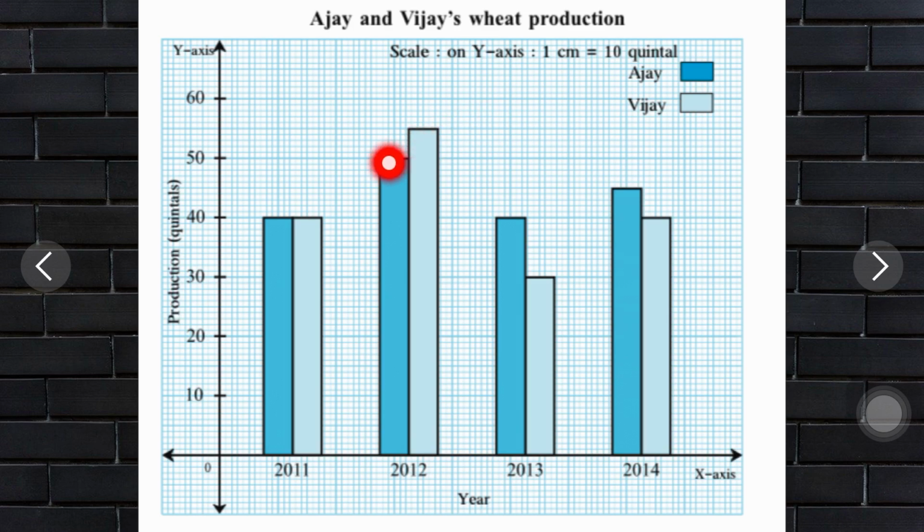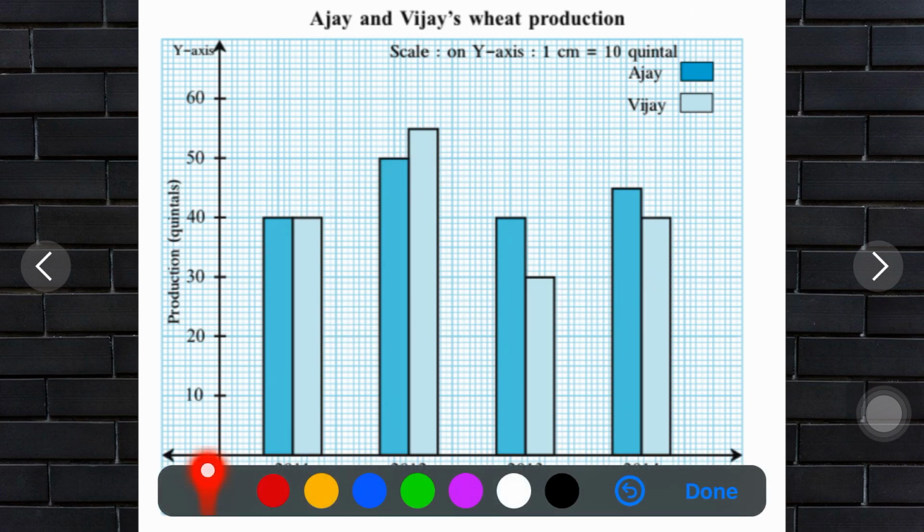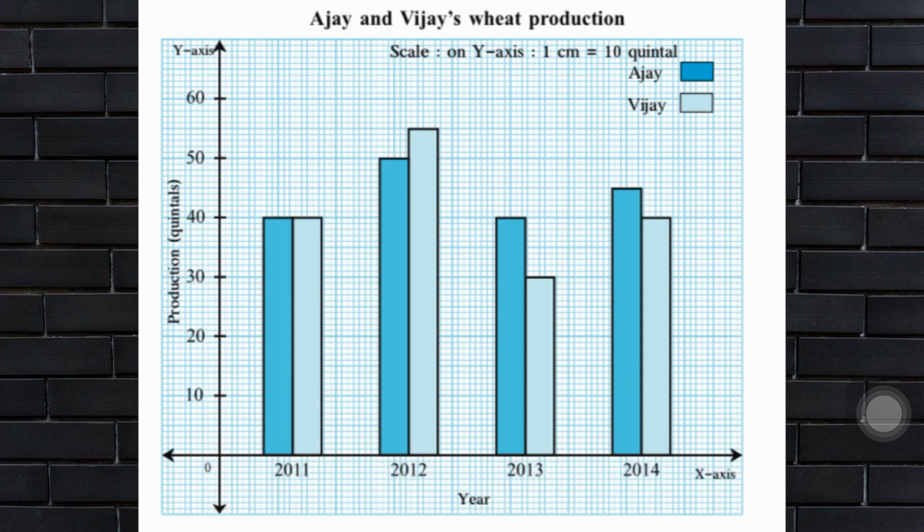Only one graph is required, no need of making two separate graphs. So this is nothing but a joint bar graph. Now we will see how to make this kind of graph.